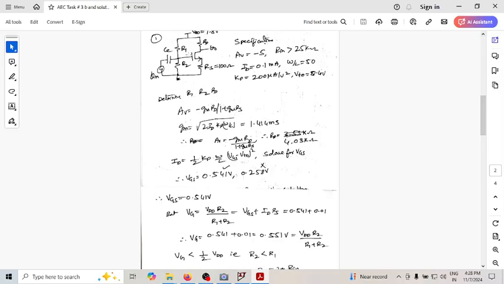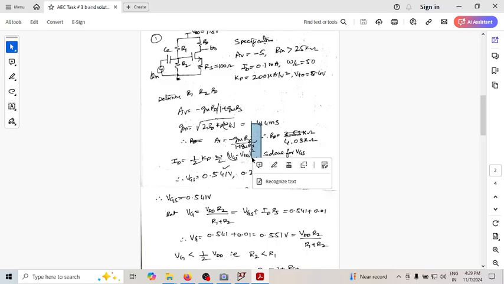The expression for VG here is the voltage at the gate, which is due to VDD and R1, R2. That is VDD times R2 by R1 plus R2, which is equal to the VGS voltage plus ID into RS. We know the drain current as 100 microampere, and RS is 100 ohm.